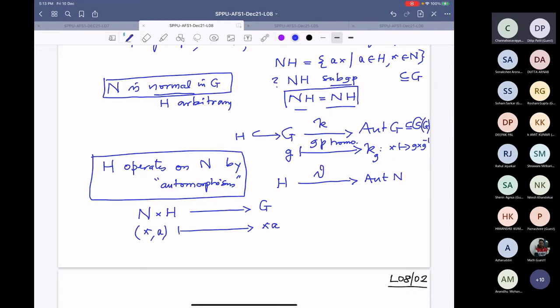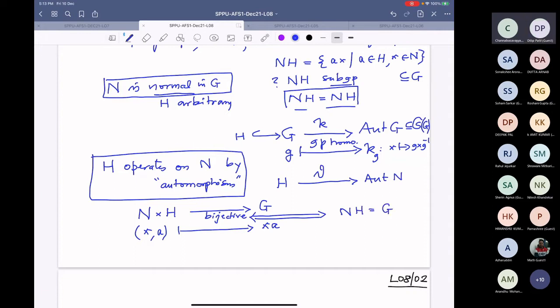And I say this map is bijective. First, let us check when it is bijective. This map is bijective is equivalent to saying NH is the whole G.